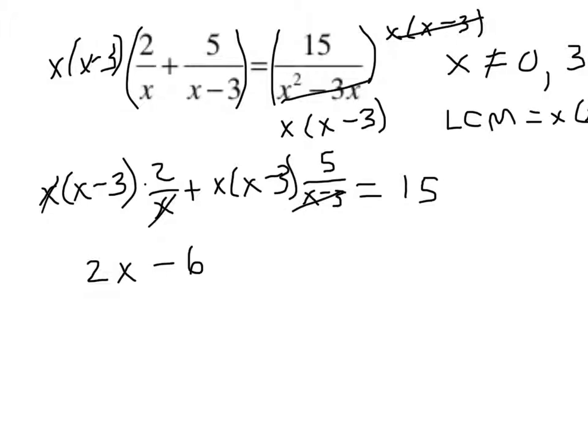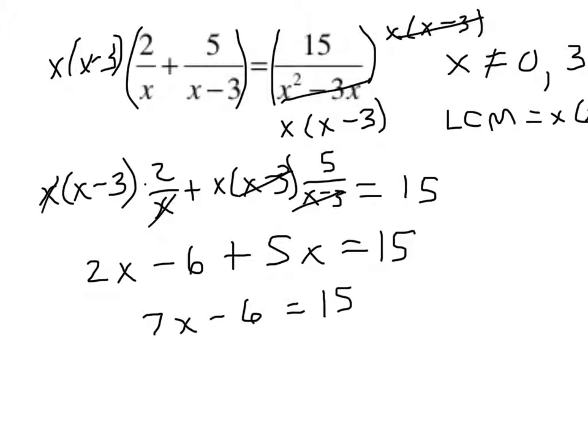The x minus 3's will cancel, and you have plus 5x equals 15. Go ahead and solve this. What's our next step? Do you add 6 to both sides? Divide by 7.